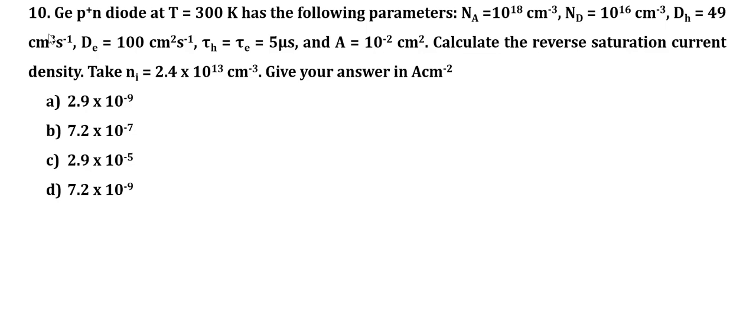The equation for finding reverse saturation current density is already there in your formula sheet, and whatever is required is already given. So you can do a substitution and find out. That is the J naught value.